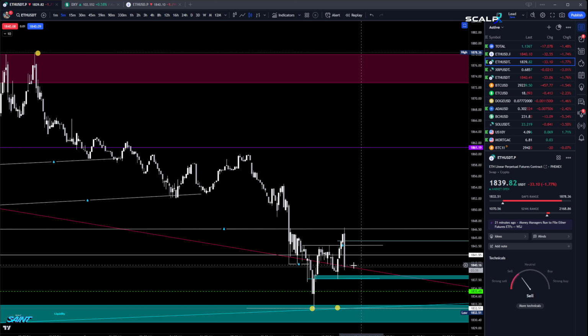Again, we're bouncing off of this trend line. We're finding some bounces in that area.